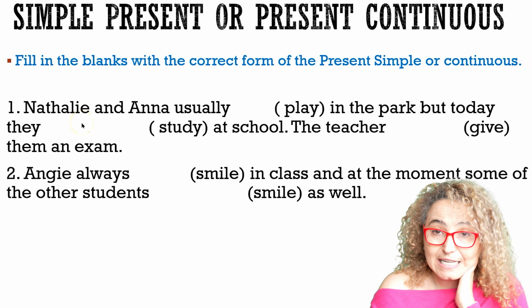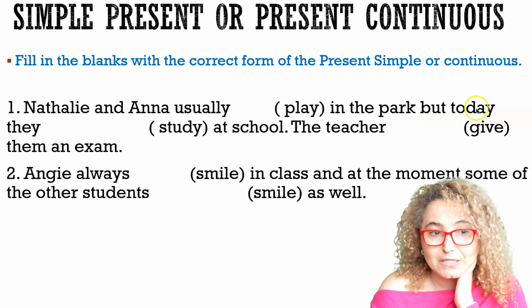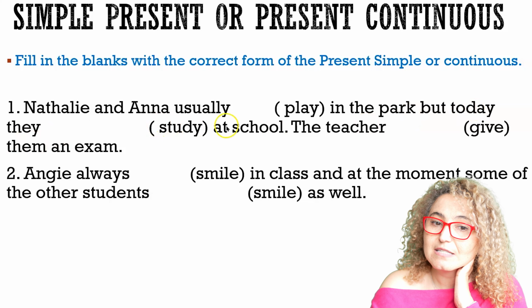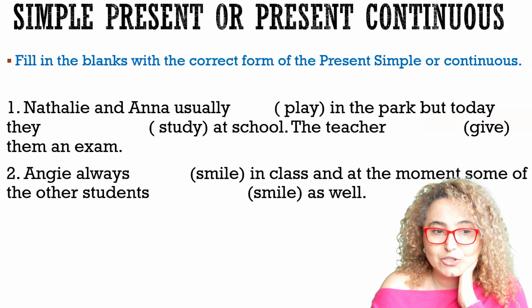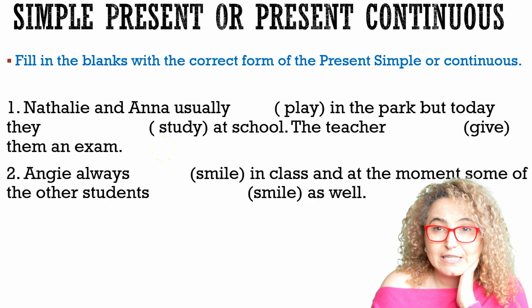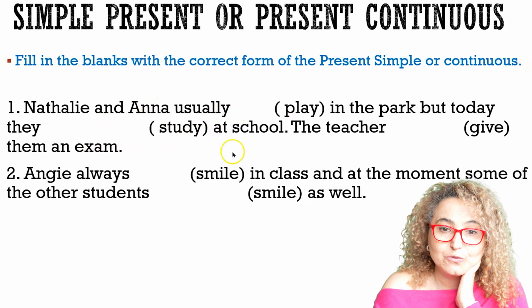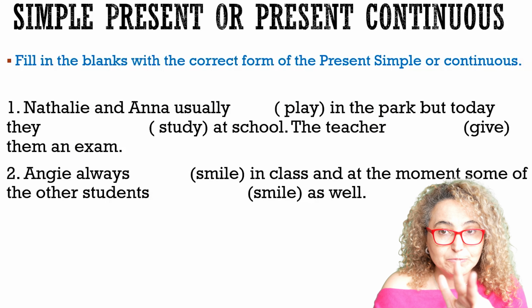So Natalie and Anna usually play in the park, but today they study at school. The teacher gave them an exam. So I want you to take a second to think about what verb tense should I use in these two sentences. So there are three verbs.